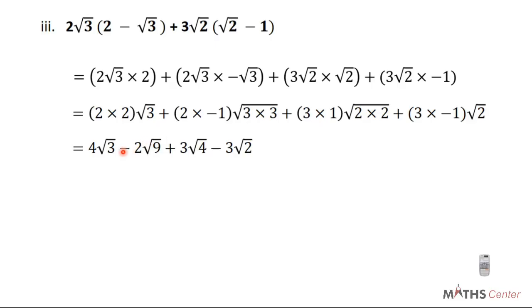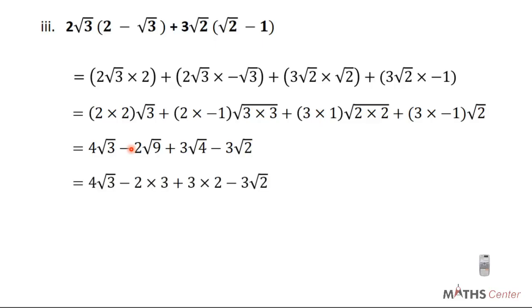So you have minus 2 root 9, because 3 times 3 will give us 9. Then we move on to this side. Here is already positive. 3 times 1 is also positive. So you have positive. 3 times 1 will give you 3. 2 times 2 will give us 4. So we have 3 root 4. Then here is positive, but 3 times minus 1 will give us negative 3. So this will change to negative. So we have negative 3 root 2.